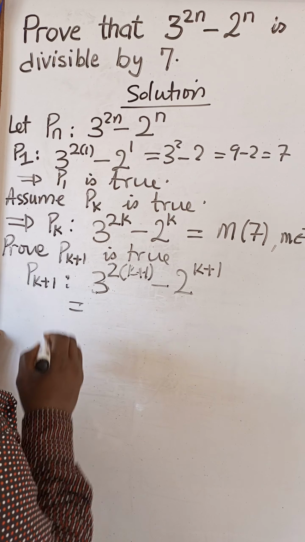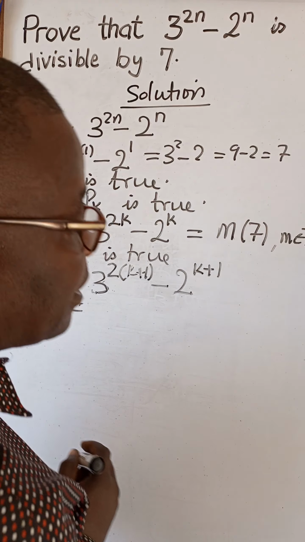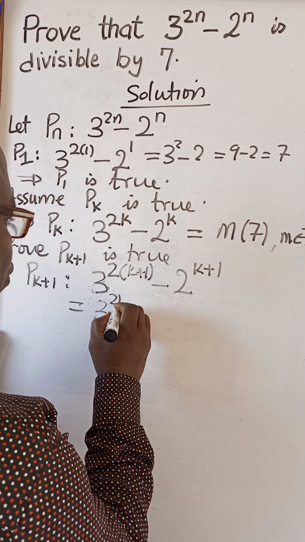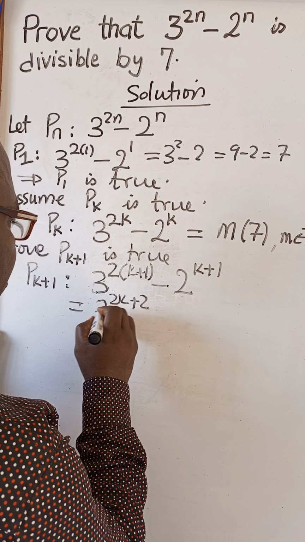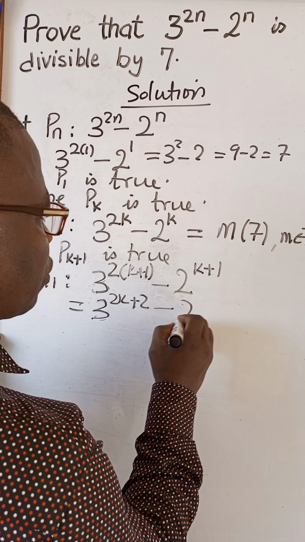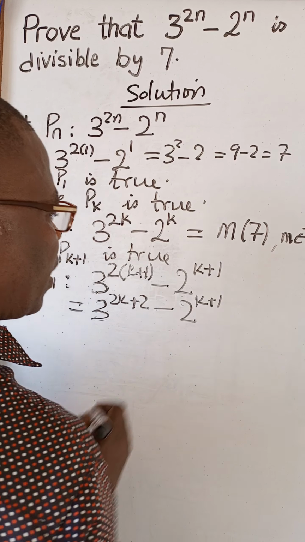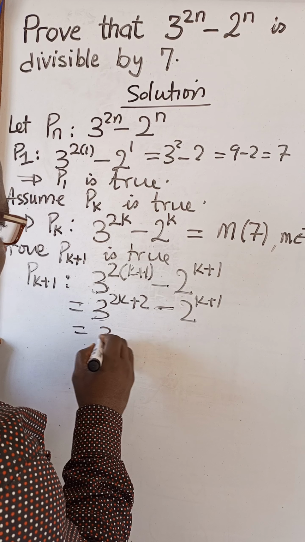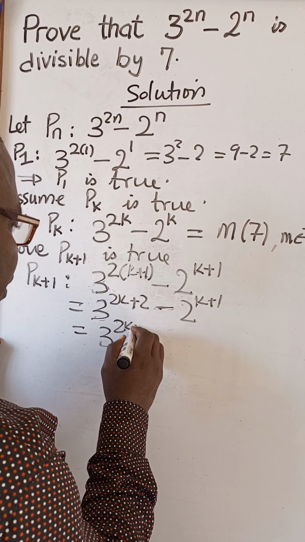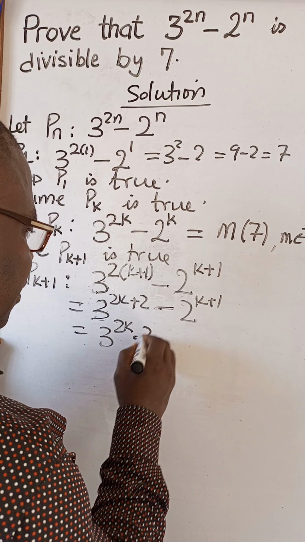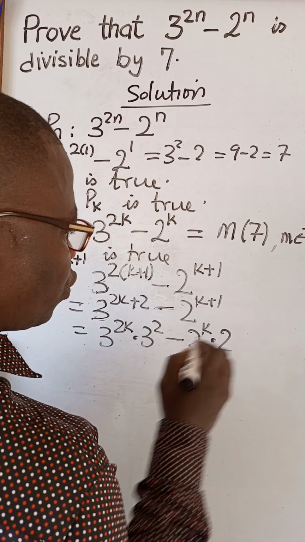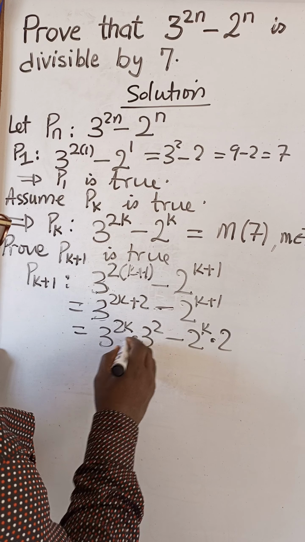We want to prove that this statement is divisible by 7. This is 3 to the 2k plus 2, minus 2 to the k plus 1. This is the same as 3 to the 2k times 3 squared, minus 2 to the k multiplied by 2.